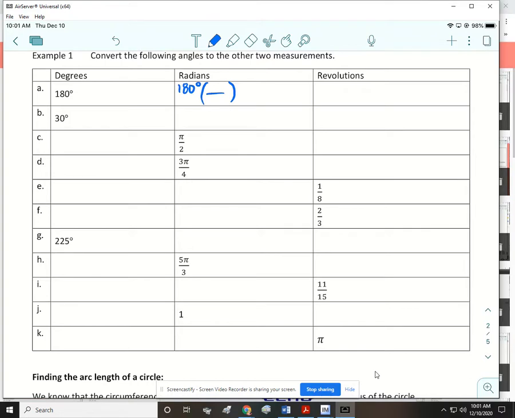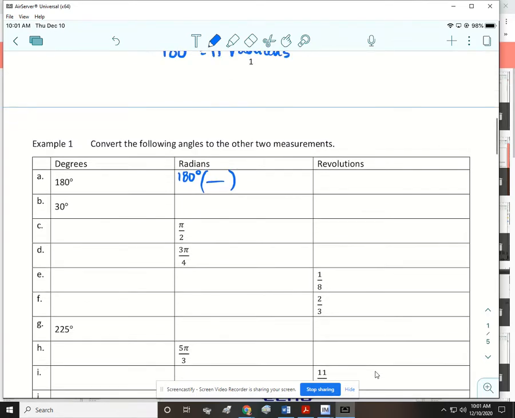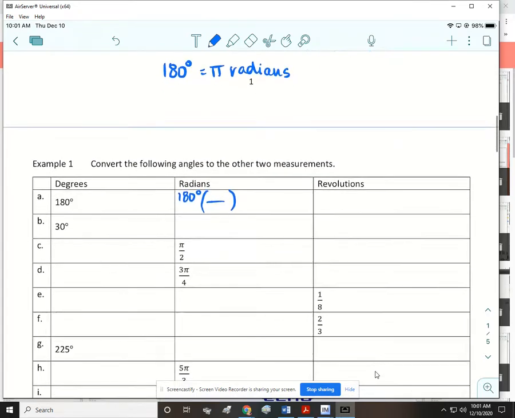And so the numerator and denominator are the same, but different measurements. So I want to cancel degrees, so I'll put degrees in the denominator. I want to change to radians, so I'm going to put radians in the numerator. And I'm going to use this second rule.